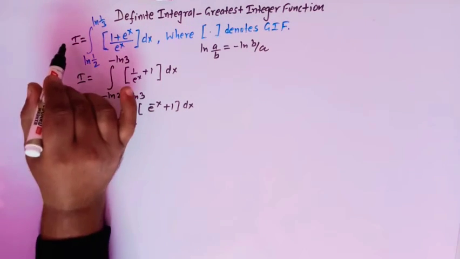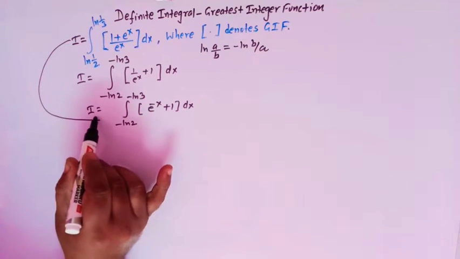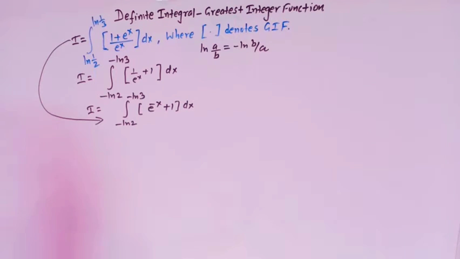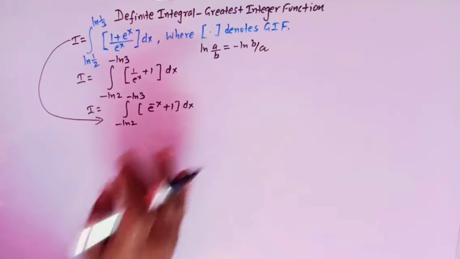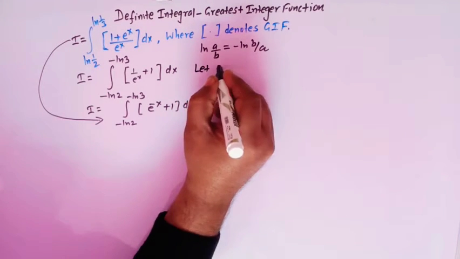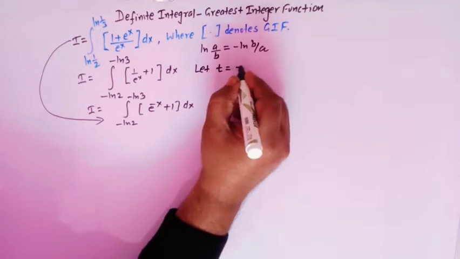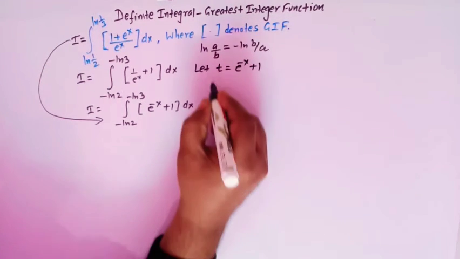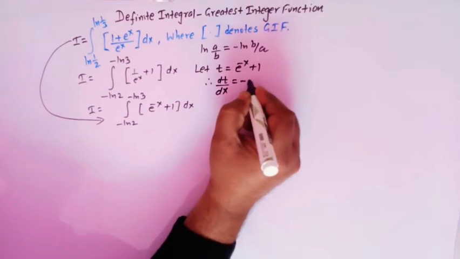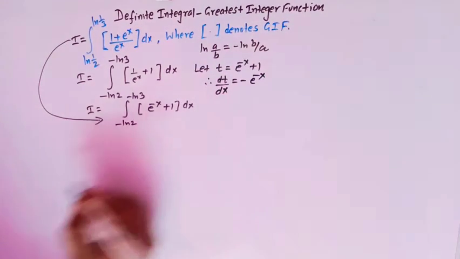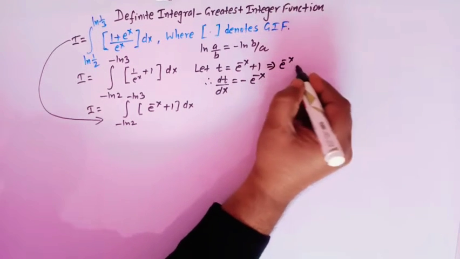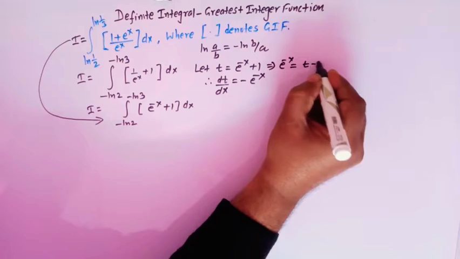Now this integral is rewritten as this integral, and from here we can apply the substitution method. Let us assume t is equal to e raised to minus x plus 1. Therefore dt over dx is equal to minus e raised to minus x, and from here e raised to minus x is equal to t minus 1.